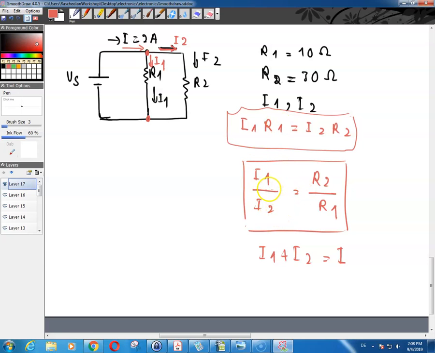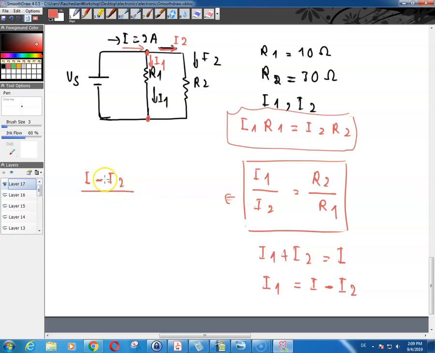So now I need to eliminate one of these unknowns. Based on this relationship, I can write I1 is equal to I minus I2. So instead of I1, I can write I minus I2 in this relationship, and I is something I already know.